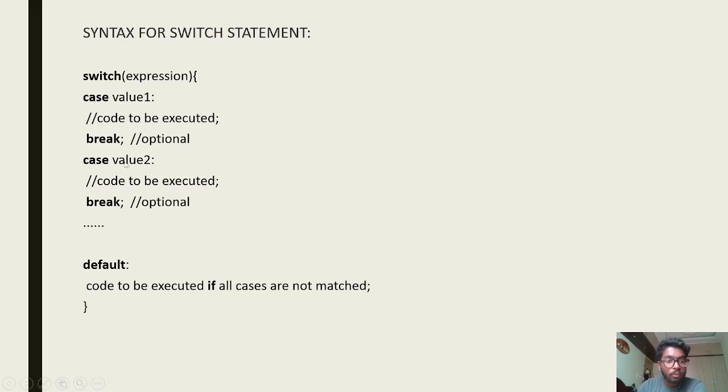So if case 2 condition is true, it's going to print the statement, or else it's going to go to the next one, and we can have multiple cases, and if none of them are true, it's going to execute the default value. Code to be executed if all the cases are not matched.